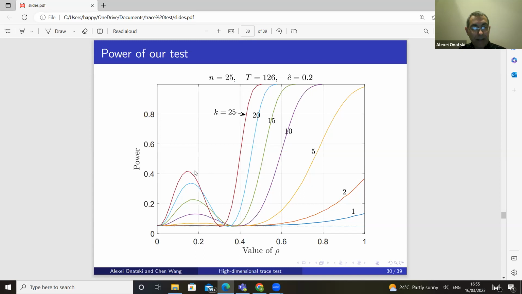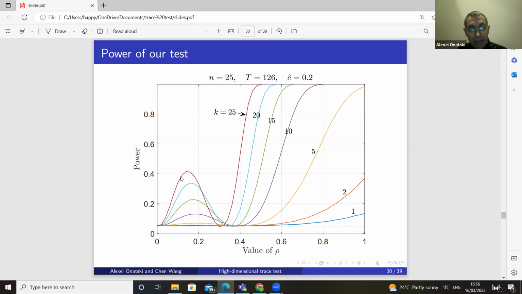Okay, so that's how the power of our test looks when we increase rho. Rho equal to 0 is almost the null hypothesis. Rho bigger than 0 is further and further away from the null. And we see this weird behavior of the power. It's non-monotonic.